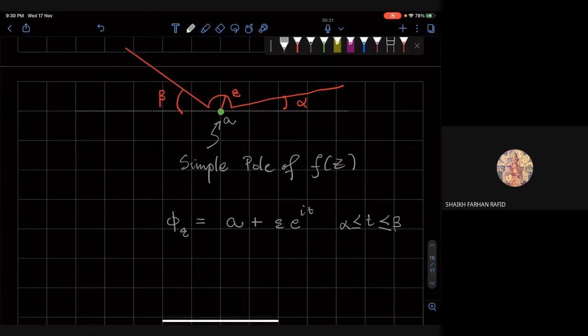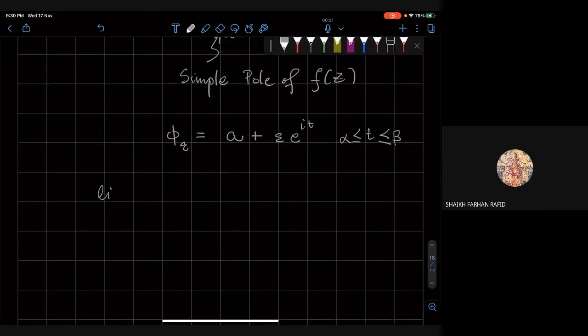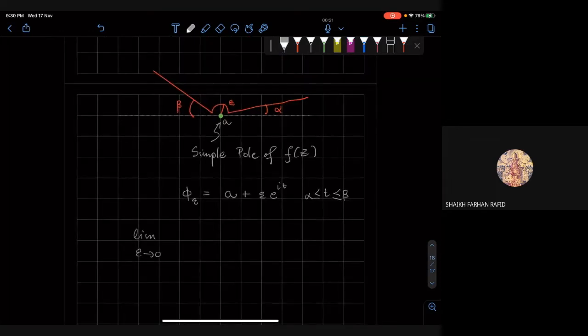Because when t is alpha, we are here, and as t is increased to beta, we go here. Is that clear? That this formula catches this little arc. So as I take the limit where epsilon goes to 0, let me just keep the picture.